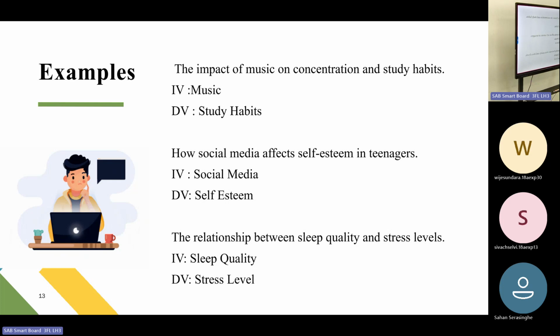What is it? Sleep quality and the stress level. So by looking at some of your faces, I can identify that one also today. Okay? Stress level and the sleep quality. What happened? What is the dependent variable? No need to identify dependent, independent, just talk with me. So, is there any impact created by the sleep level on others?